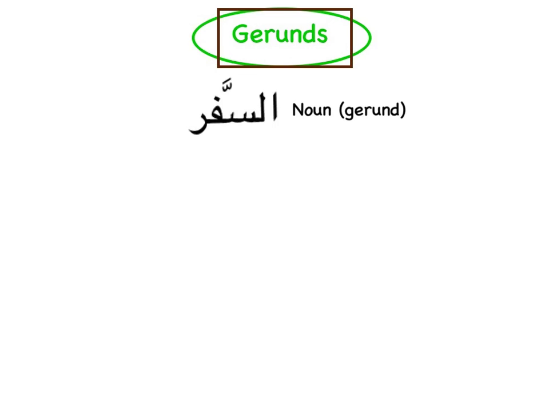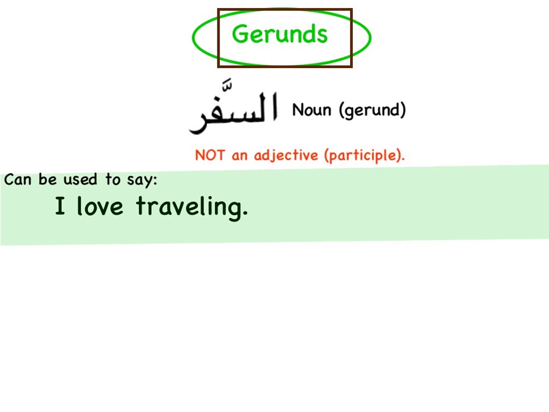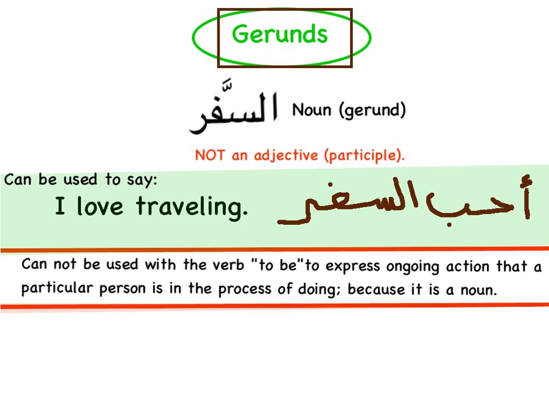Gerunds, like the word as-safar, traveling. It can be used to say I love traveling, and in Arabic we say أحب السفر. As-safar, see, it's the equivalent of traveling, but it's a gerund in Arabic. Note that it cannot be used with a verb to be to express ongoing action that a particular person is in the process of doing, because simply it's a noun.